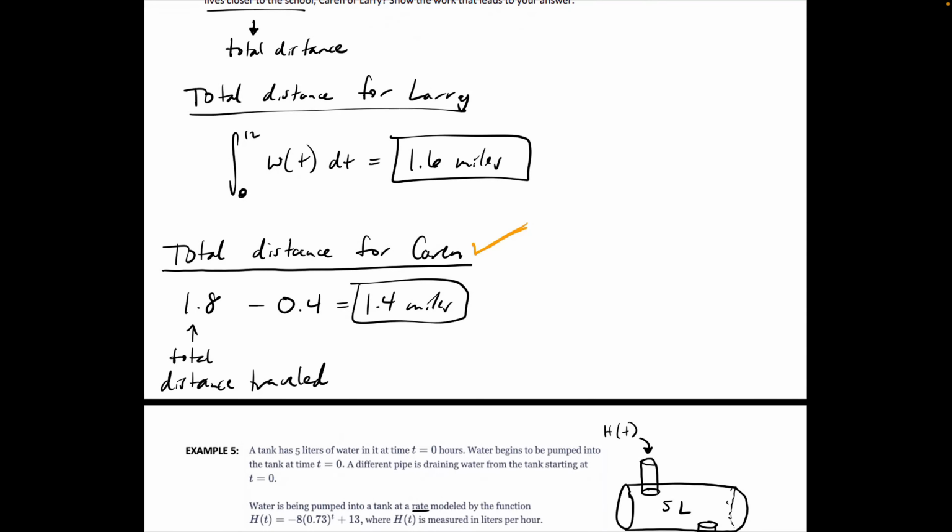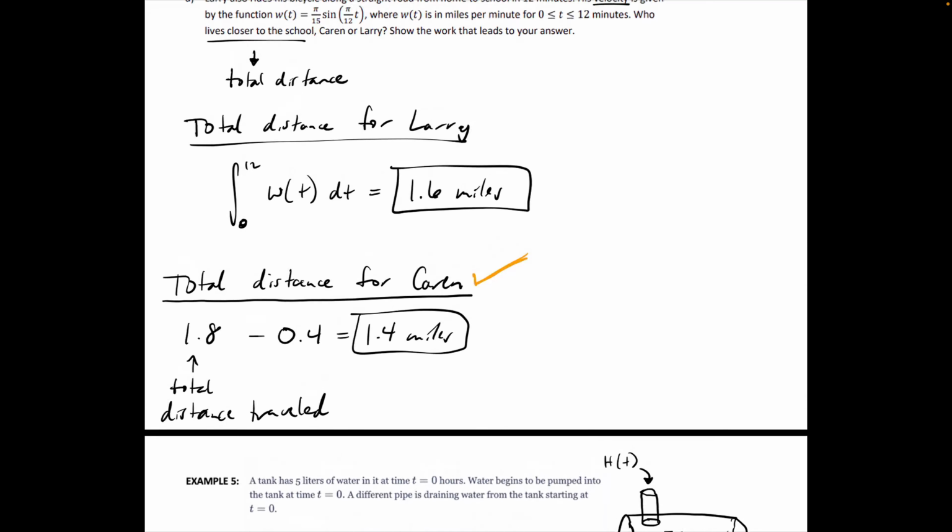Usually when they want to know about rates, it's going to be a derivative question like we did last semester. This unit, they want to know about totals. You could ask about rates, but this semester they usually stick to totals.